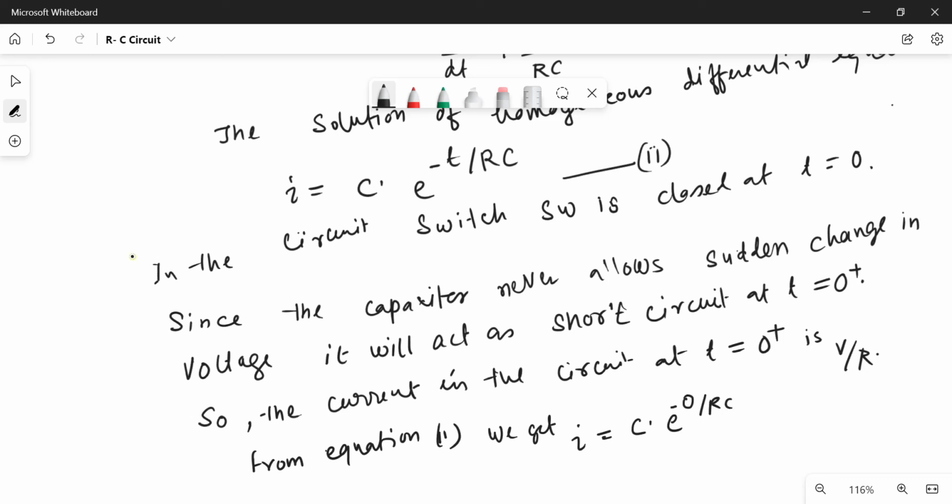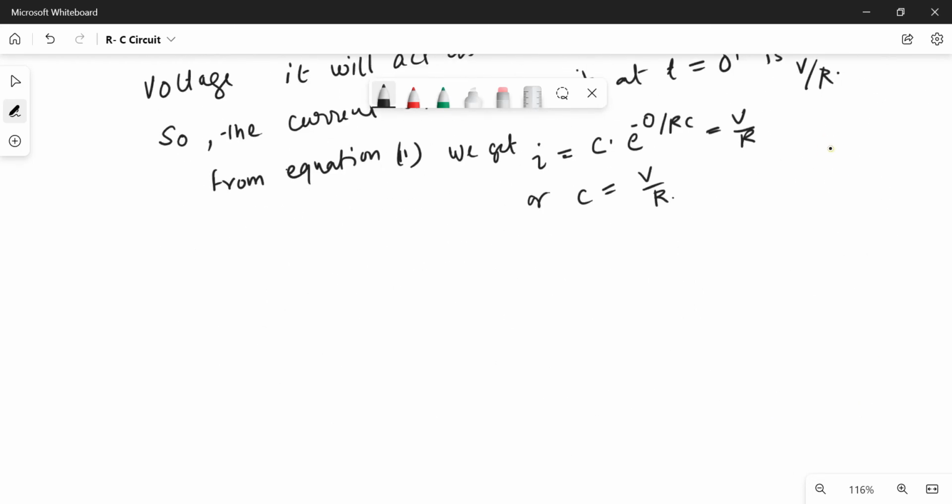And e to the power 0 is equal to 1. So C is equal to V by R. Therefore, the current becomes i is equal to V by R into e to the power minus t by RC.